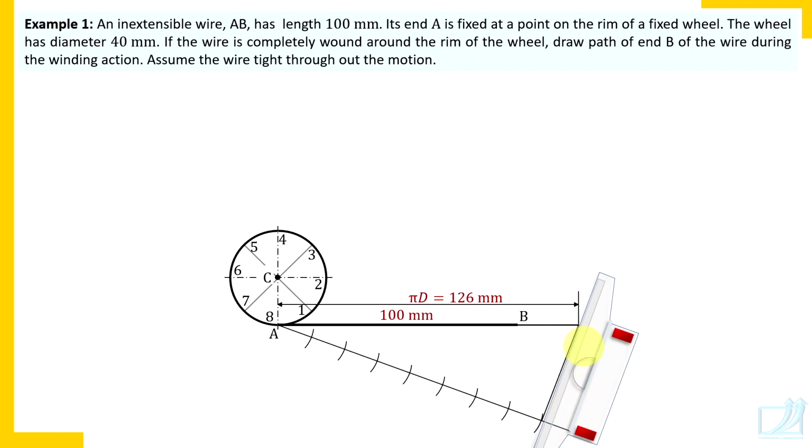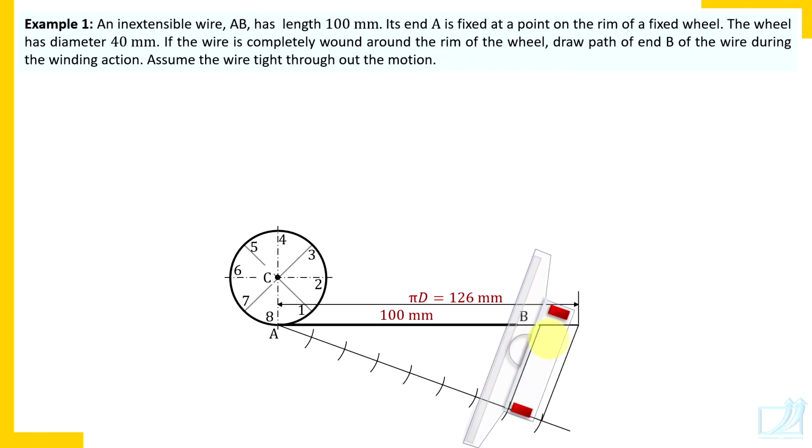Set the roller with this line and roll the roller to transfer those 8 divisions on pi d. So use a roller carefully to draw parallel lines in this manner and continue to draw parallel lines so that you will get 8 divisions on length pi d.